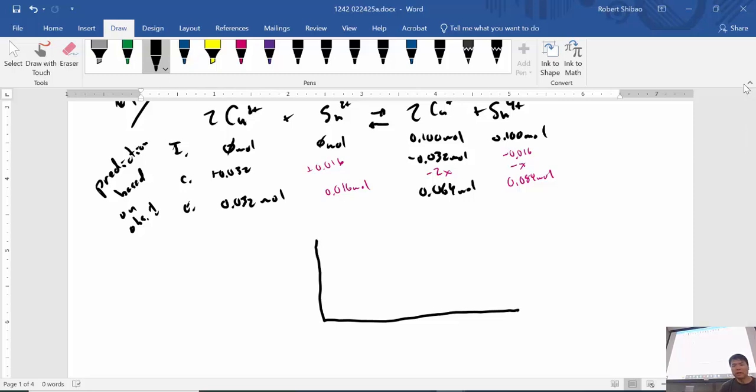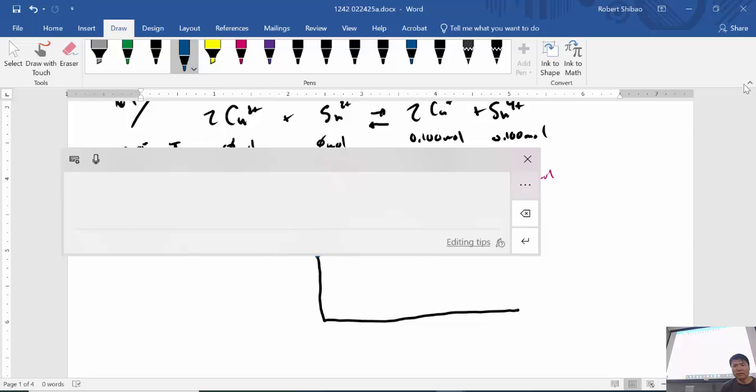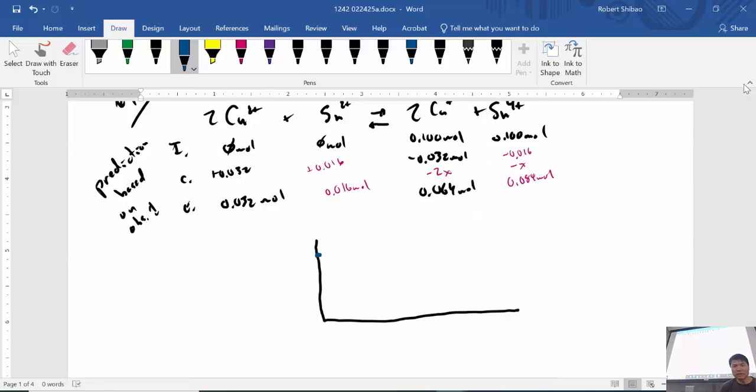So I have the copper starting at 0.100, and this is now the product copper here. So we'll just start it here. And then it's going to drop down to 64. So we're just going to lose only 32% of the copper. And so initially we're going to have the reverse reaction occur, and so the amount of product here is going to decrease as the reverse reaction occurs.